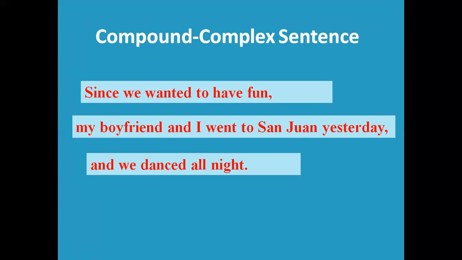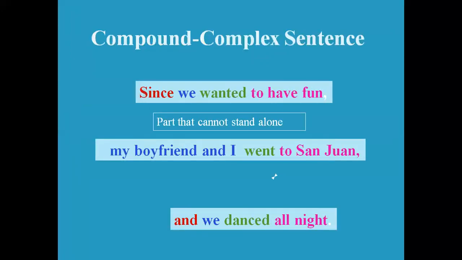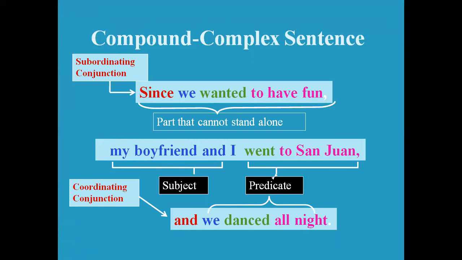Actually, we don't use a compound complex sentence during conversation or our speech, but it is used in literary forms, in books. I mean, well, let's analyze this compound complex sentence.